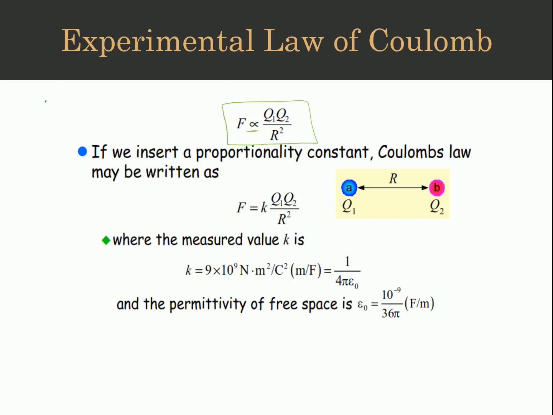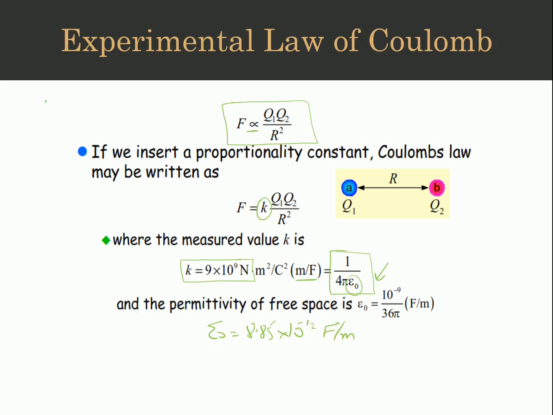This proportionality is replaced by a constant k, where k is basically the material's property, and the value of k is 1 divided by 4 pi epsilon naught. If you solve this value, you get 9 into 10 raised to power 9 meter per farad, where epsilon naught is the permittivity of free space, and its value is 8.85 into 10 raised to power minus 12 farads per meter.